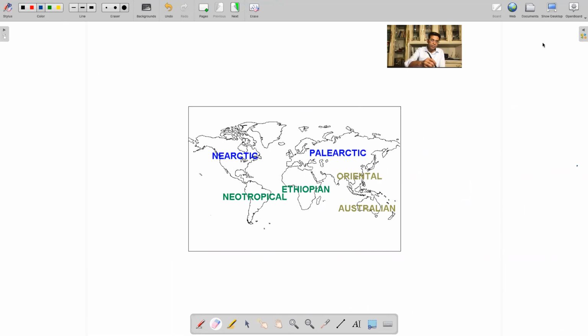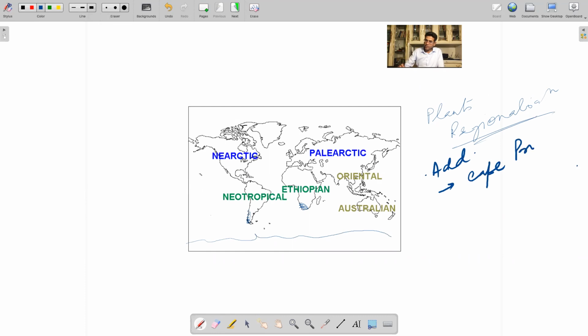For plants, what you must do is you must separate out one region here, separate out one region here, and add Antarctica. So in the plants regionalization, what you must do is add Cape Province.